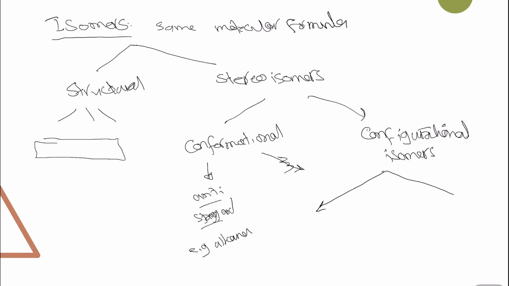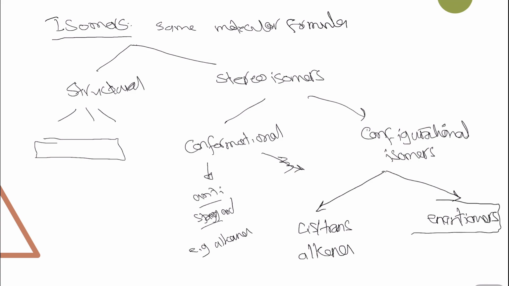One of them we talked about last lecture, which was the cis and trans configuration of alkenes. And the other type of configurational isomers is the enantiomers. So enantiomers are the type of configurational isomers we will be talking about today.